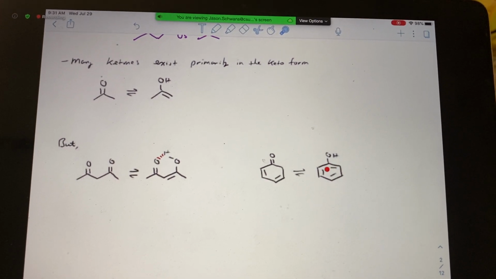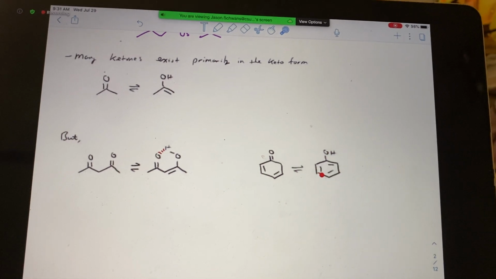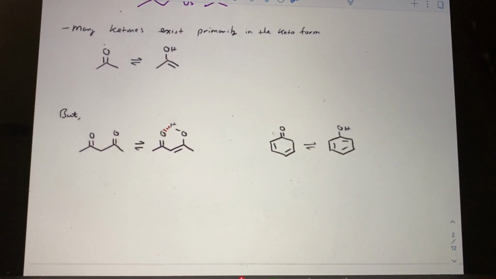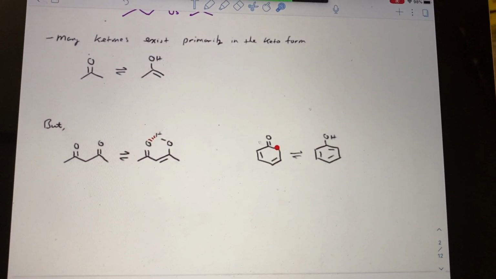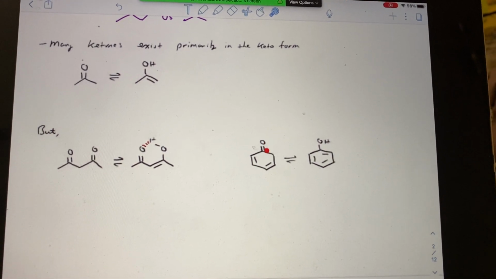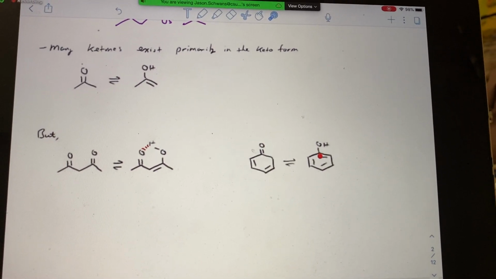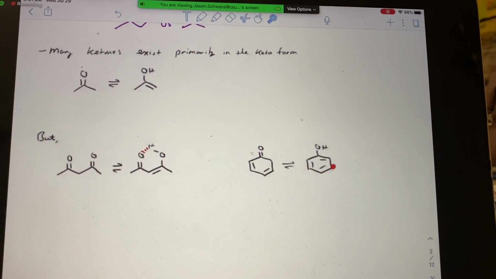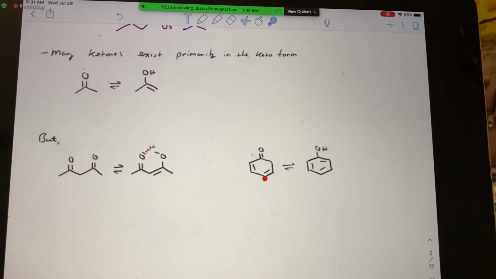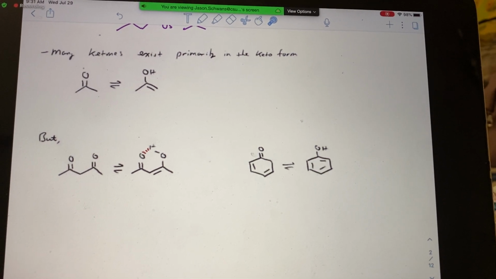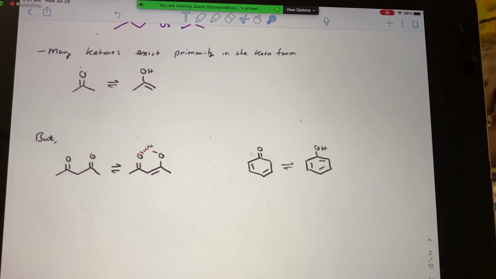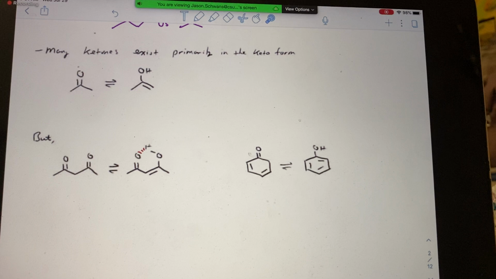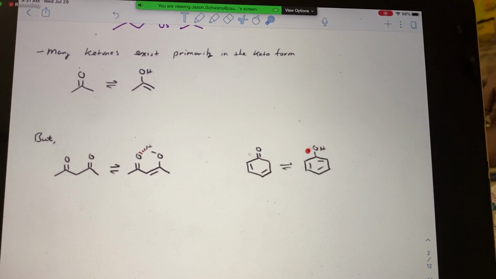However, phenol is predominantly this form and not the keto form, even though the keto forms are generally more stable because the carbon-oxygen double bond is more stable relative to the carbon-carbon double bond. However, this is an aromatic compound, whereas this one on the left is not. This carbon is sp3 hybridized. And we spent all this time talking about how important aromaticity is in stabilization. So that's why phenol actually exists in the enol form.